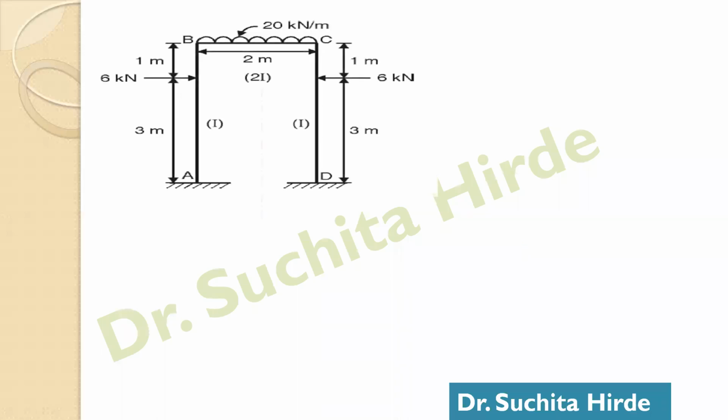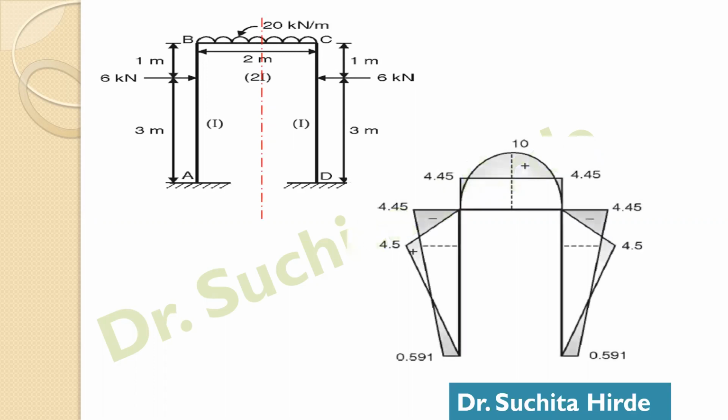Similarly, if the frame is symmetrically loaded and if you draw bending moment diagram, you will observe that the magnitude of moments at the joint is same on both the sides, but they are in opposite direction. That means if on left side the moment is clockwise 4.45, then on other side it will be 4.45 only, but in anti-clockwise direction.